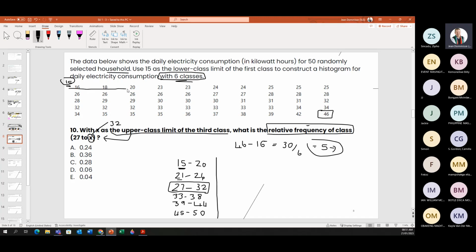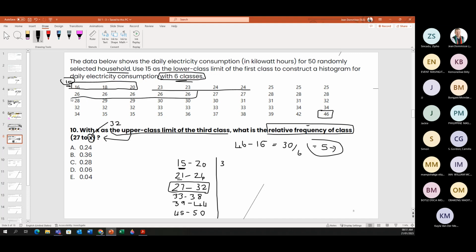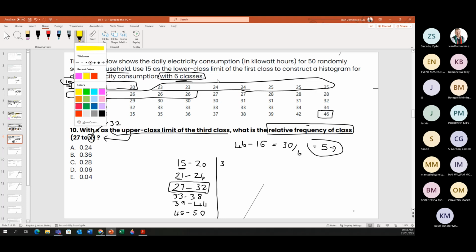For the first one, 16 to 20, we've got 3. 21 to 26. Okay, wait. Just putting that in. That's a huge one.